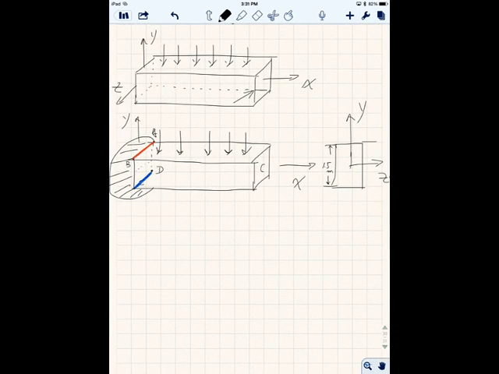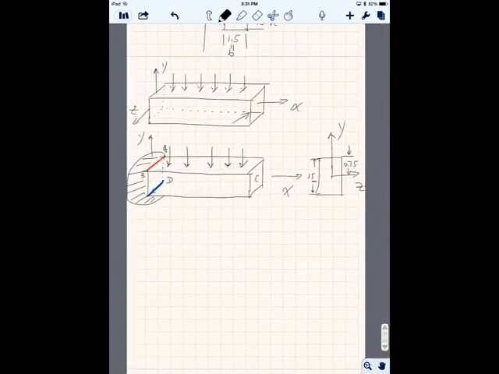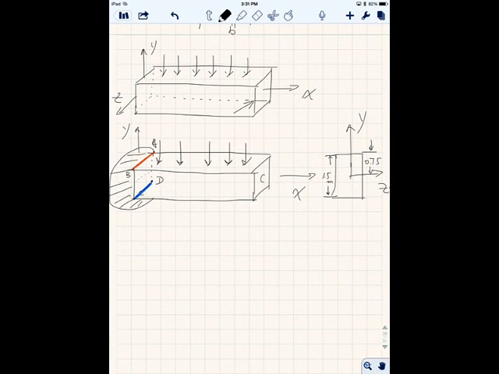So the maximum distance to the neutral axis should be half of it, which is 0.75, from top to the neutral axis, right? So this is our maximum neutral axis under this loading condition. Make sense, right? Okay. All right.